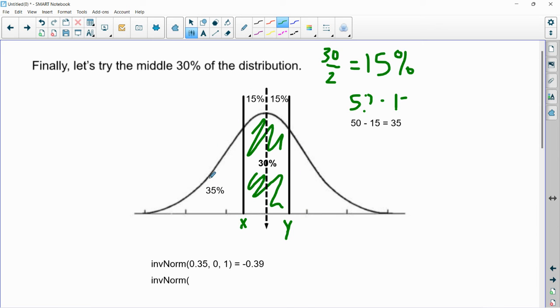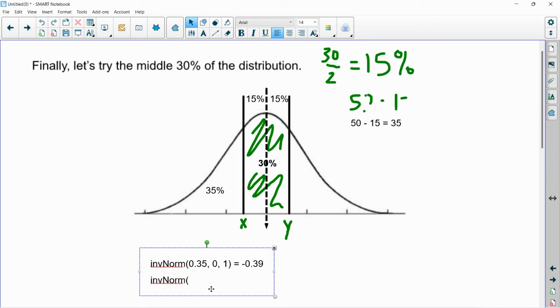Well, we could add 35 and 15 and 15. That would be one idea. Or you could remember that the dotted line splits it in half. So everything to the left of the dotted line is 50% plus an additional 15. Either way, you're going to recognize that to the left of where y is 65%.